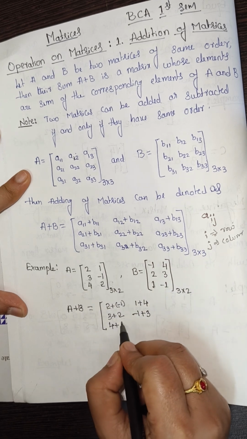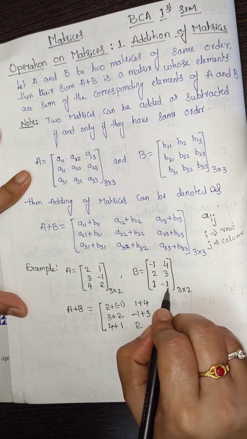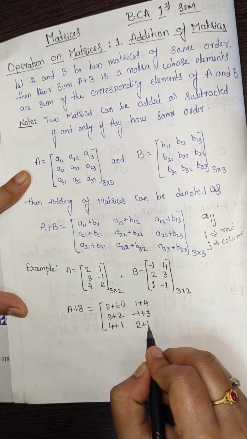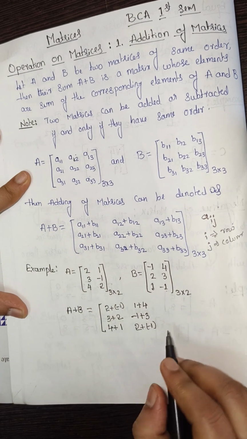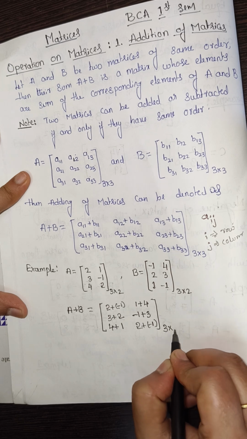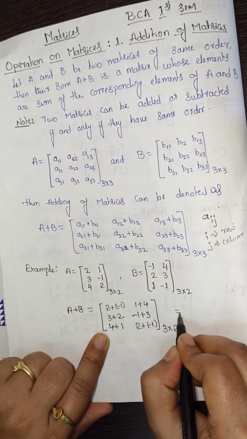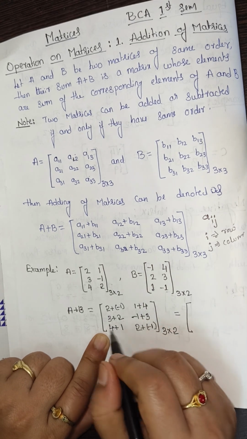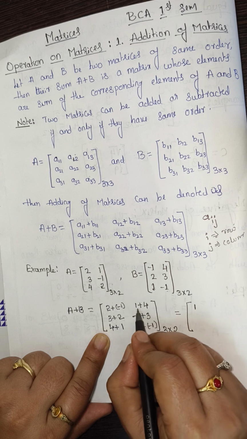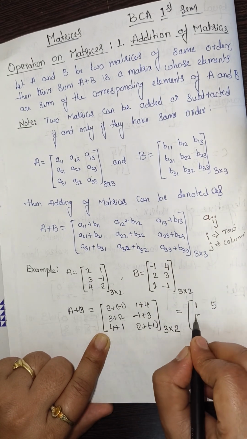Next third row first column, that is 4 in A and 1 in B. Third row second column is 2 in A, and in the B matrix the third row second column is minus 1. Whenever a minus comes, you better take a bracket. The resulting matrix also comes in the same order, 3 by 2. Now add this. 2 plus of minus is minus only, so 2 minus 1 is 1. 1 plus 4 is 5. 3 plus 2 is 5.